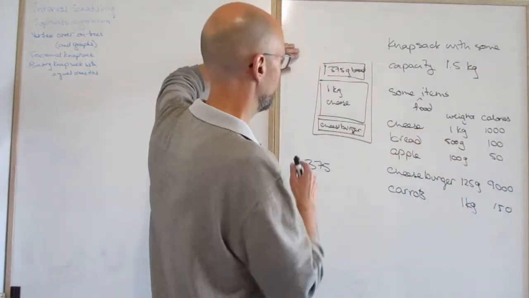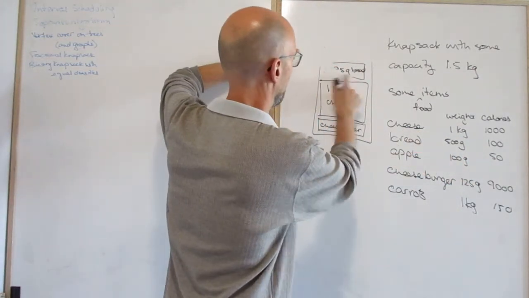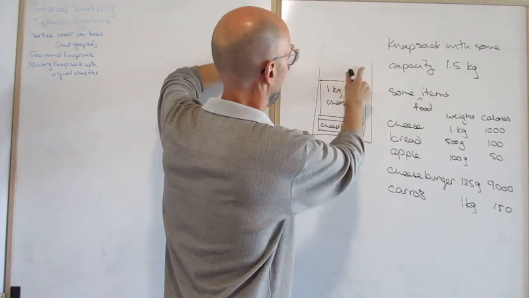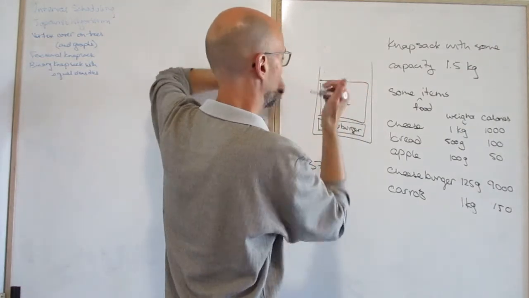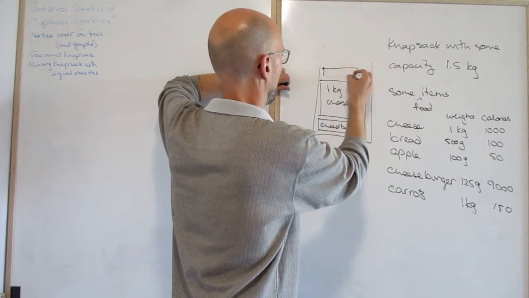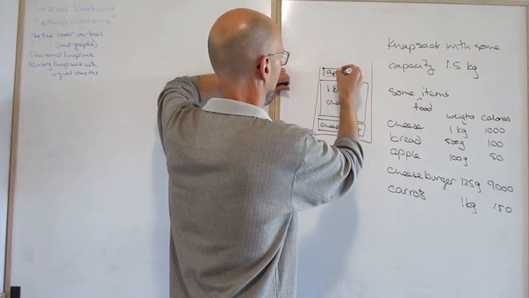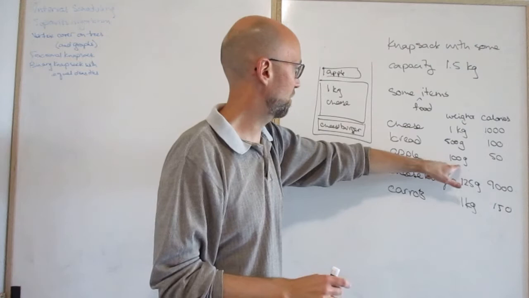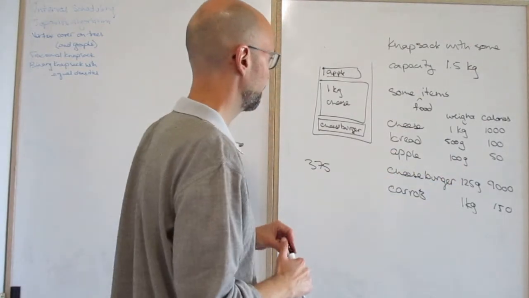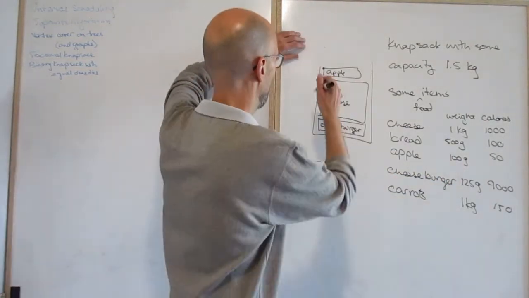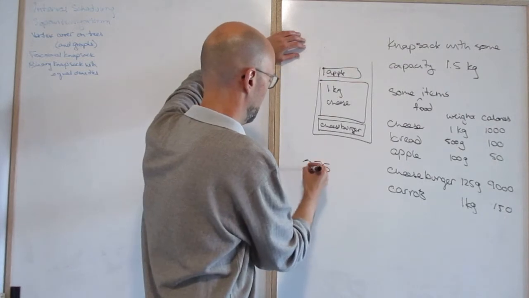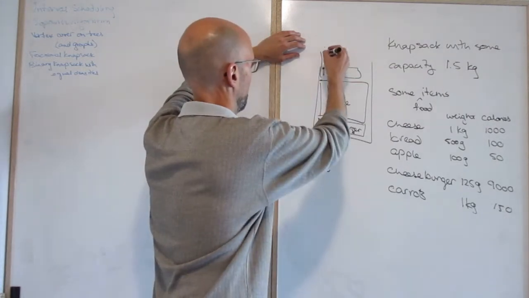Yes, you're right. Sorry. We would take the apple because this has the next highest ratio. I was getting confused. And then we have 275 left, and we're going to take 275 grams of bread.